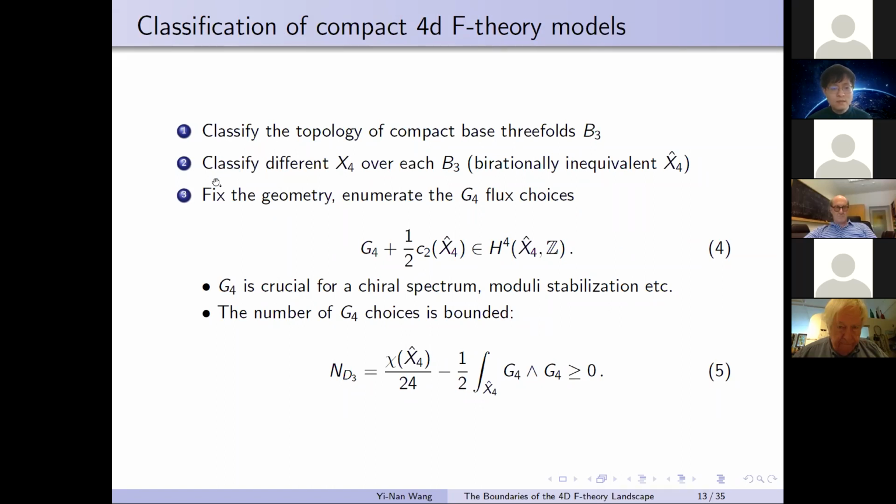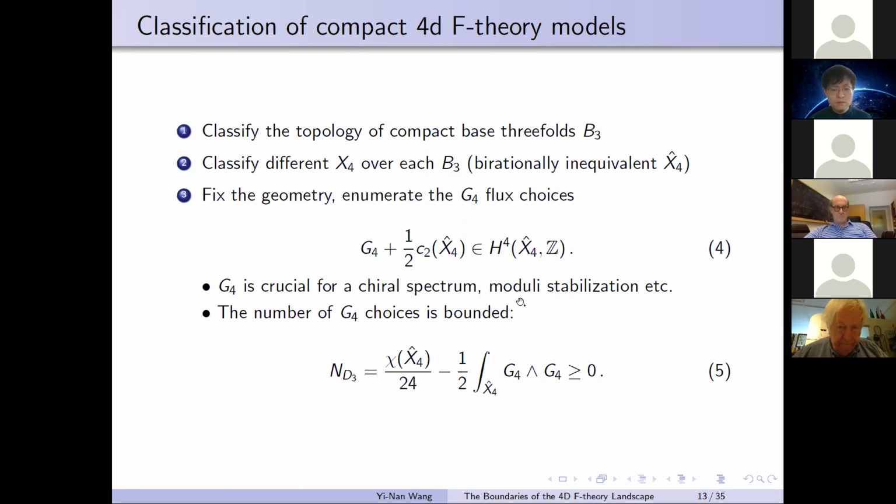And then over each B3, we want to classify different fibrations that lead to a birational equivalent X4 hat. And after we fix the geometry, we have to include a very important ingredient in the F-theory picture, which is the G4 flux choices, which is crucial for having a chiral spectrum and also moduli stabilization, etc.